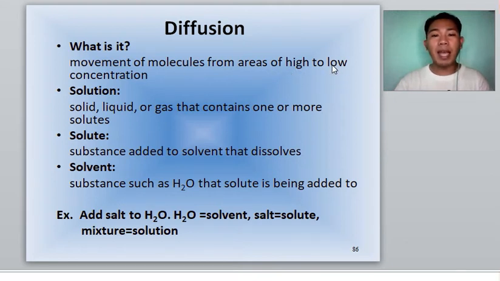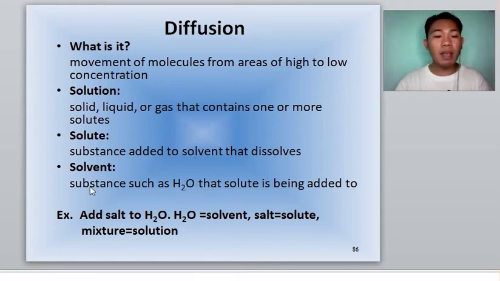Before we understand these things, we need to have a background, particularly with these words: solution, solute, and solvent. A solution is a solid, liquid, or gas that contains one or more solutes. Solutes are substances added to a solvent that dissolve.